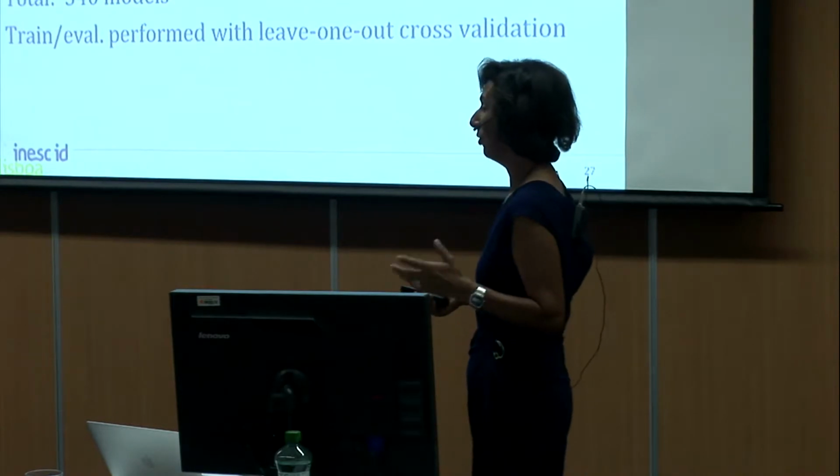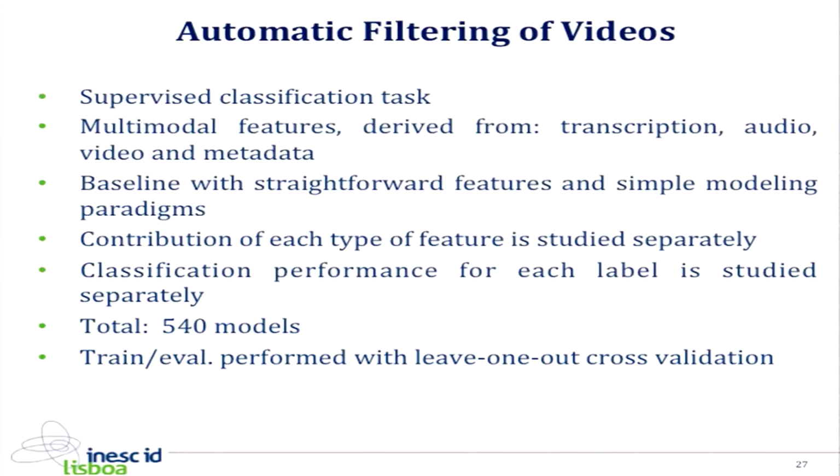Then we tried to see if we can make automatic the process of filtering out these videos. We regarded this as a supervised classification task, which means that because our data set was so small, we just evaluated with leave one out cross-validation.